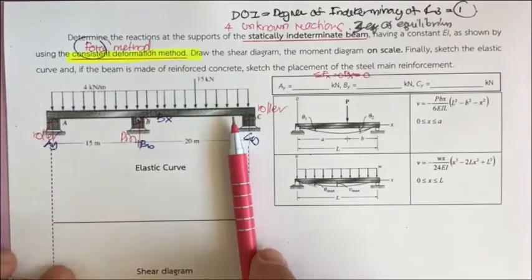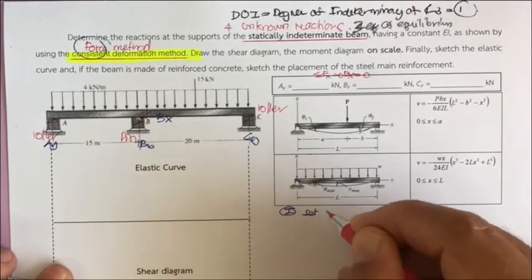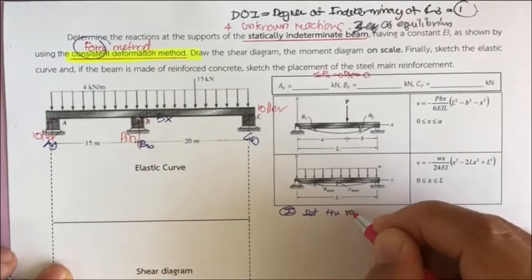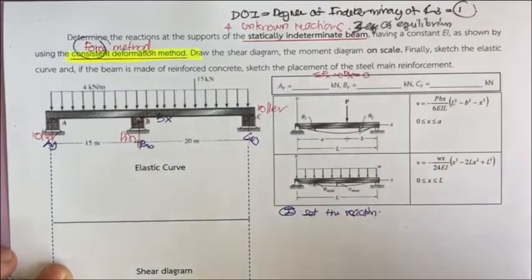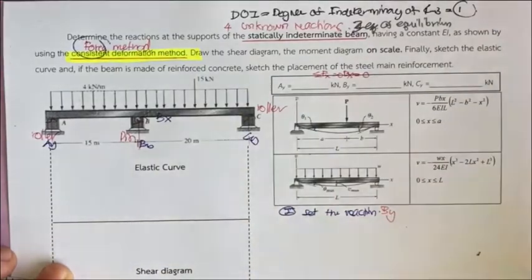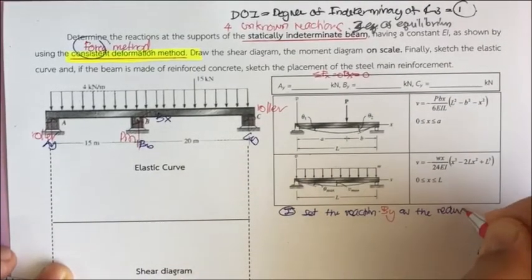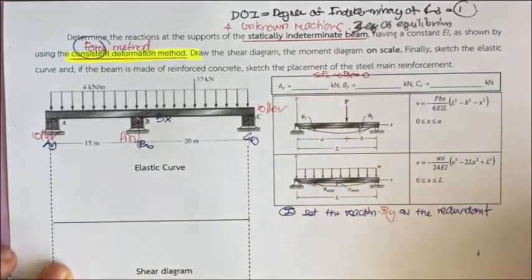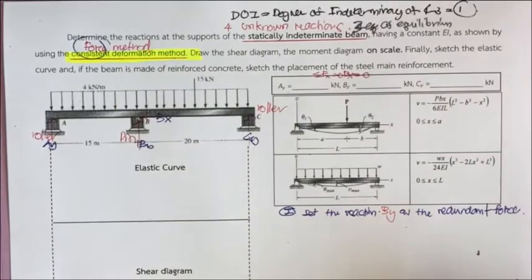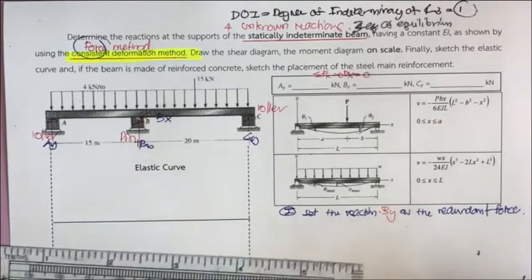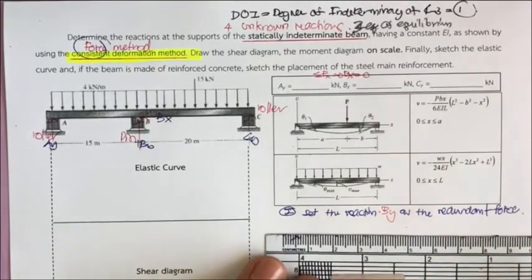So by considering this, we will set the reaction B sub Y as the redundant force. If you set B sub Y as the redundant force, your beam is going to be like this.